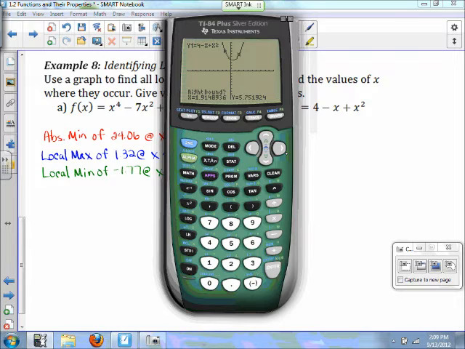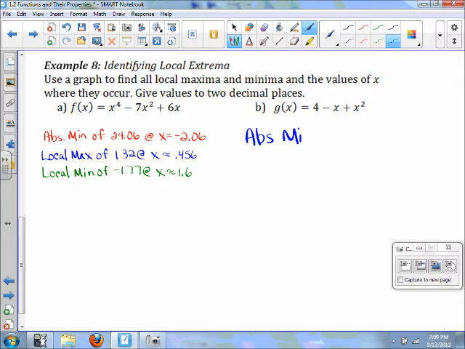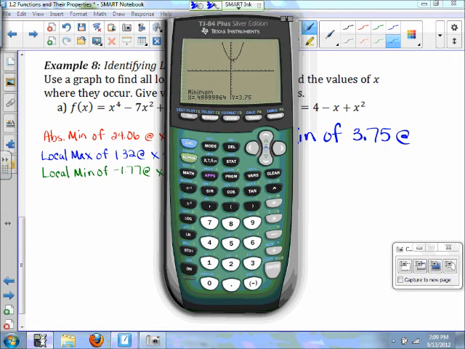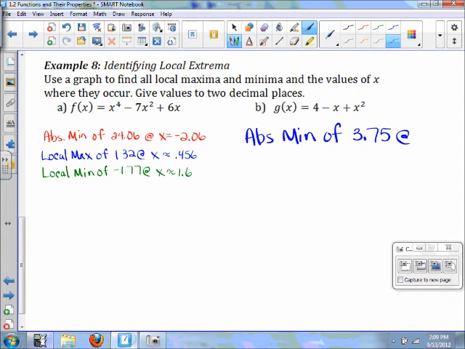Absolute minimum of 3.75, and that's at x equals about 0.5. And there we have it.